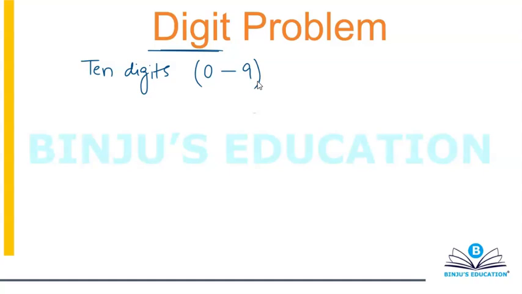So let's say a question is given to you that you have a set of numbers 0, 2, 4, 7 and 9.